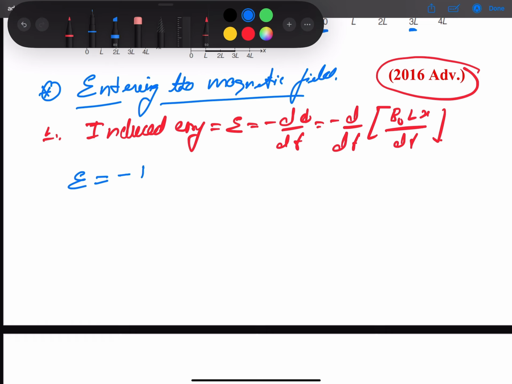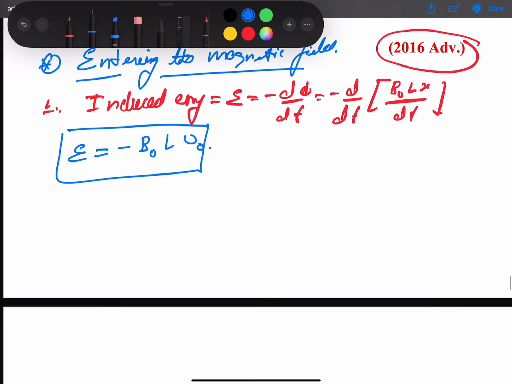So we can write this as minus B naught L v of x. So this is our induced EMF, and because of this there will be induced current.